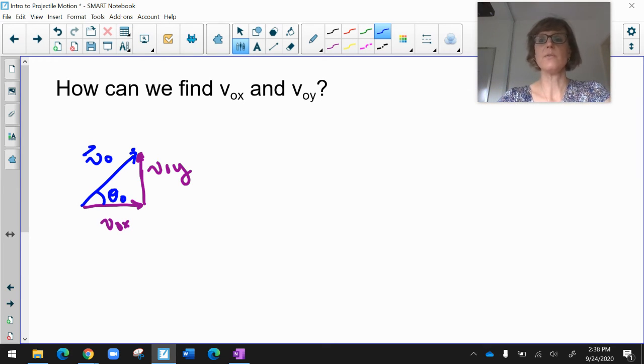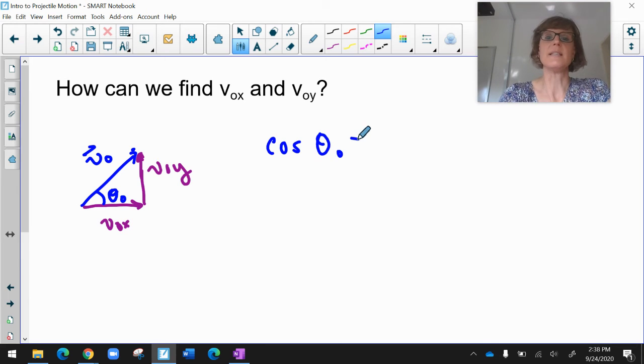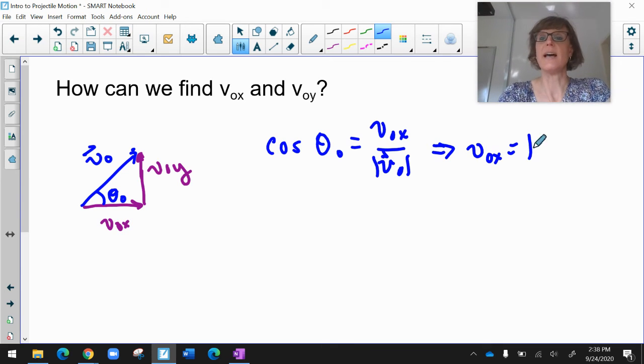So we can use all of the information that we learned in the last chapter about resolving vectors. So again, so that we can remember, I can take advantage of the fact that I have a right triangle here and say that cosine theta 0 is going to be adjacent over hypotenuse, or V0x over the magnitude of V0. And if I turn that around and solve it for V0x, I get the magnitude of V0 times cosine theta 0.